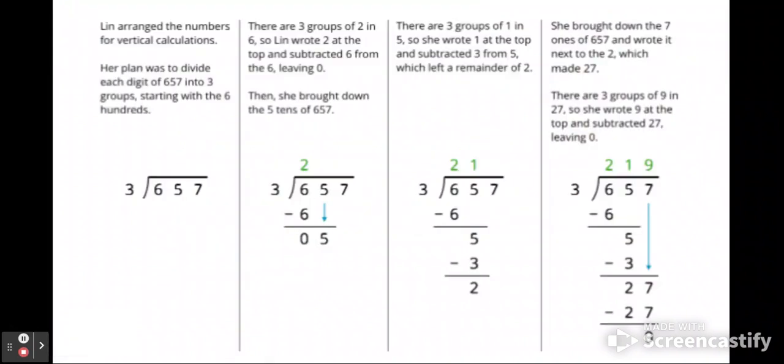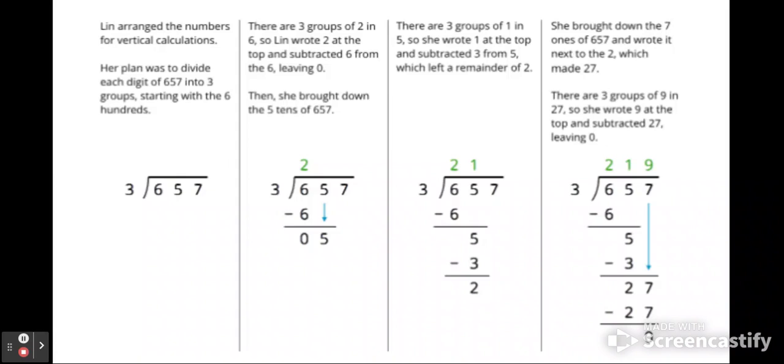In the math that you see on your screen, Lynn is doing a long division problem. She is dividing 657 by 3, and she's walking through those steps that go with long division.